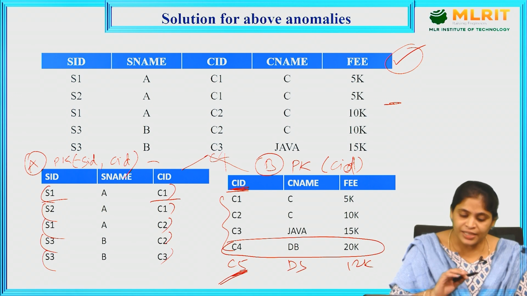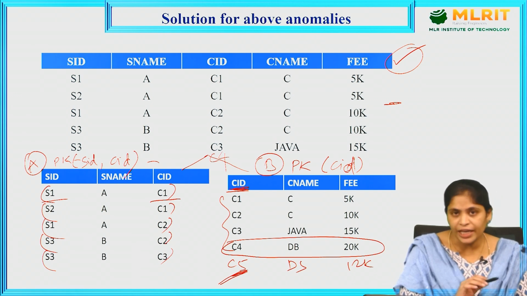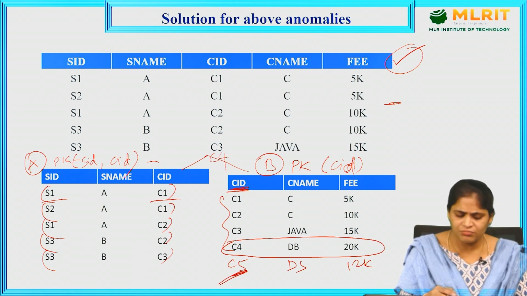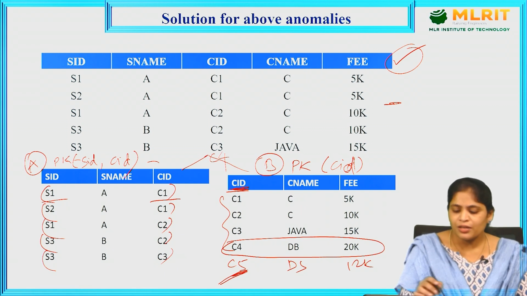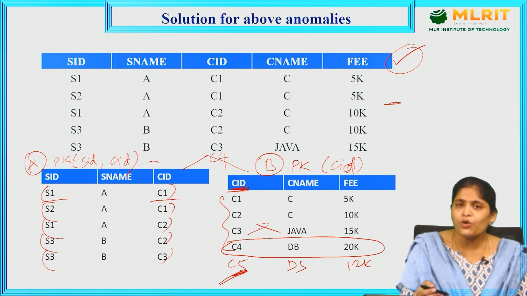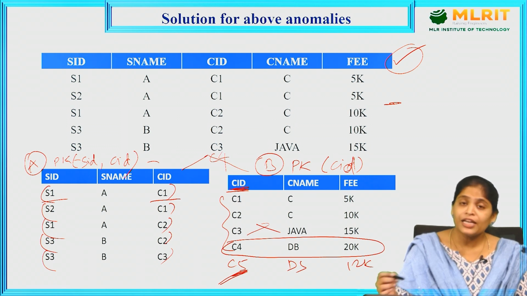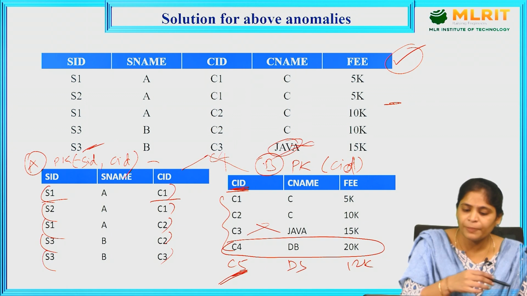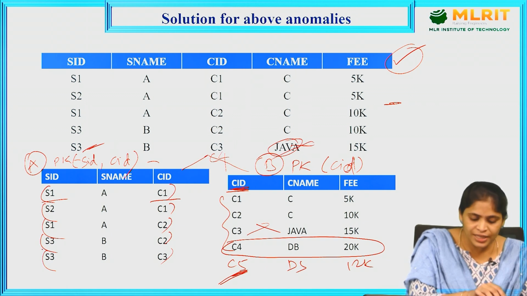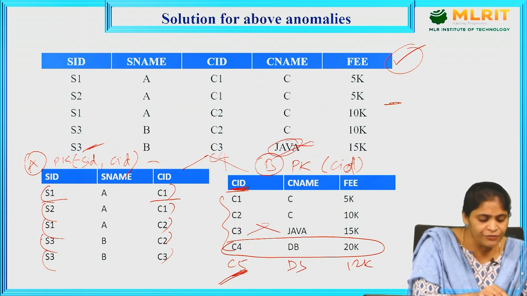Right. Next, if I want to delete Java, I want to delete the Java course. So, here I can simply delete this Java C3 course and no other information is deleted. In the previous table, if I want to delete the S3 student, the course will be deleted.